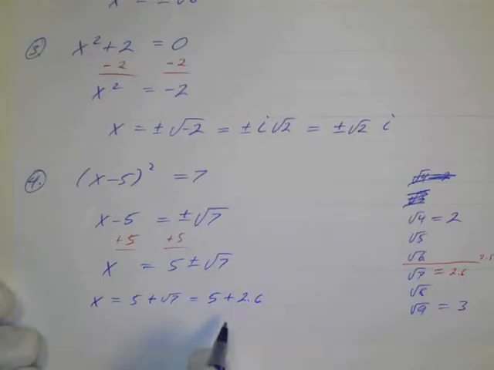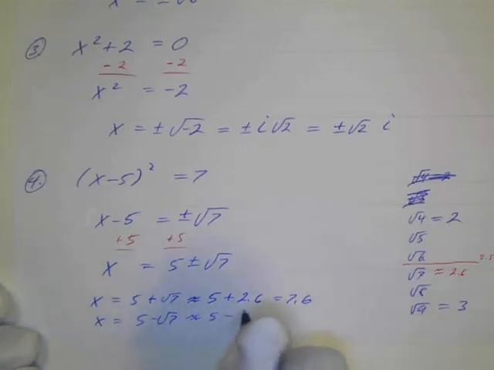So x equals 5 plus the square root of 7, which is approximately, and I put a little approximation there, 5 plus 2.6, which is equal to 7.6, or x equals 5 minus the square root of 7, which is approximately 5 minus 2.6, and that equals about 2.4. So those are some approximate values there. 7.6 and 2.4. If you work those out on your calculator, it'd be pretty close, at least to a tenth. Okay? So that's how we can kind of interpolate.